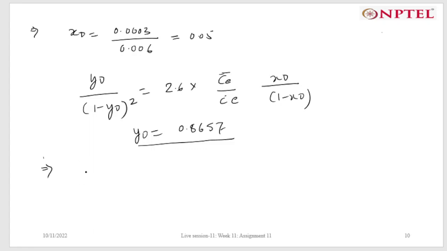Now the total amount of calcium ion in the solution. Initially it is given as 120 ppm, converted to 0.12 gram per liter, into the volume of 10 meter cube converted to liters, 10 to the power 4 liters.